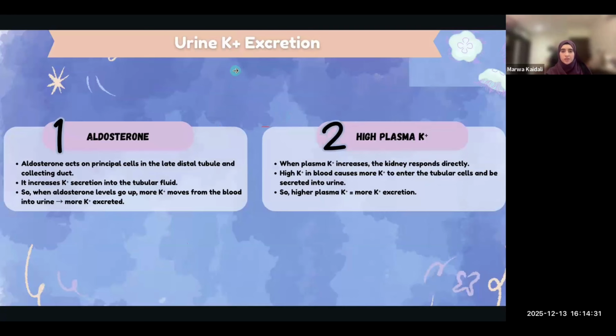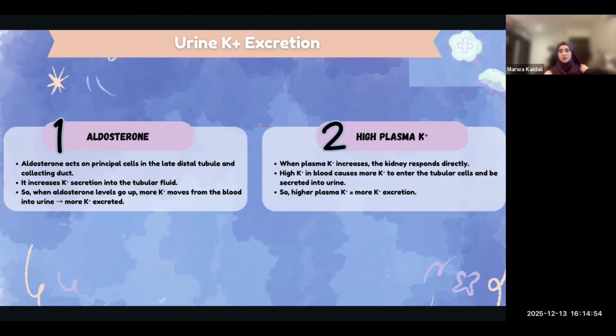Now let's talk about urine potassium excretion. Potassium excretion depends on two things. One of them we have already mentioned, which is aldosterone. We said that when aldosterone is secreted, it's going to cause an increase in potassium secretion. The other part is the high plasma potassium concentration, which we already touched upon earlier.